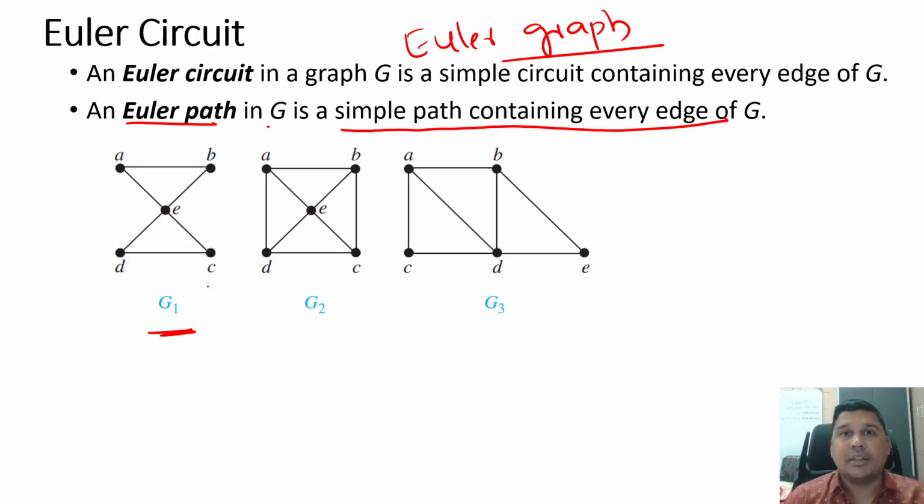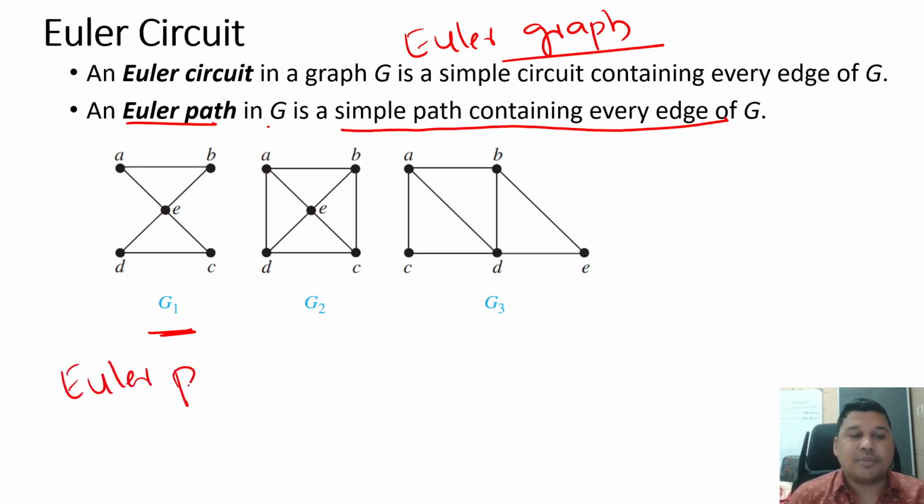What is Euler path? Given a graph, you choose arbitrarily any one vertex, and from there you try to find a path such that you visit all the edges exactly once. A vertex may be repeated. What is Euler path in G1?